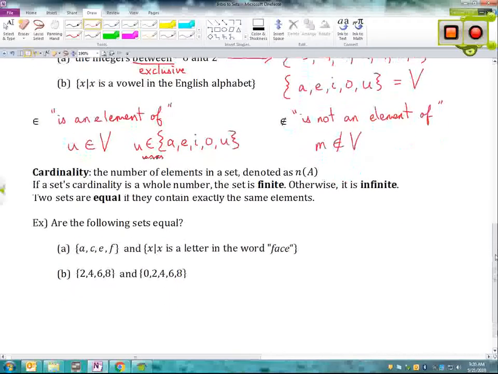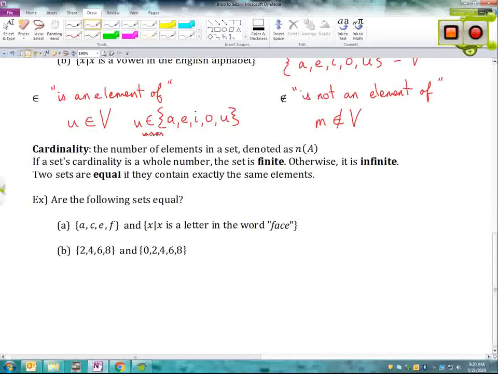All right, next thing here is cardinality. Another term we need to know, cardinality means the number of elements that are in a set, and the notation for a set's cardinality is n and then in parentheses A. So think of that as the number of elements of A, okay?